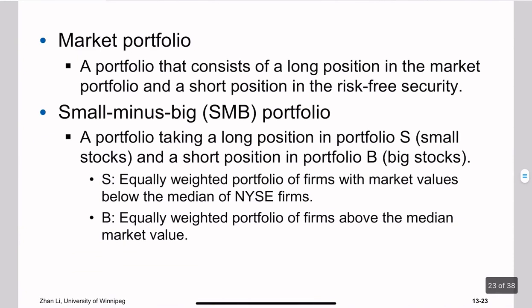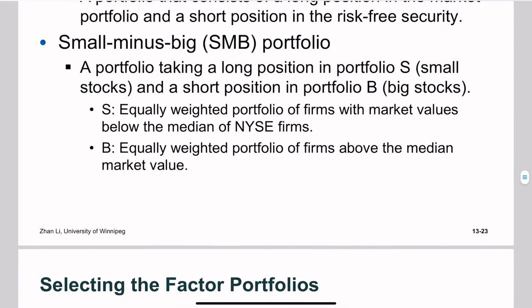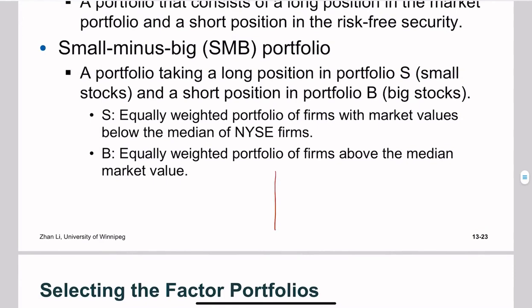Next, we will use the SMB portfolio, which is small minus big. So how do you construct this factor portfolio? Well, you will rank stocks according to their size. So let's say this is the largest stock.